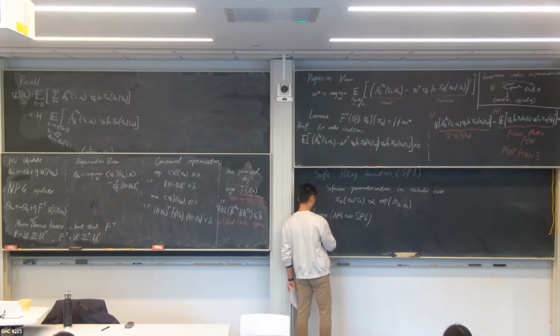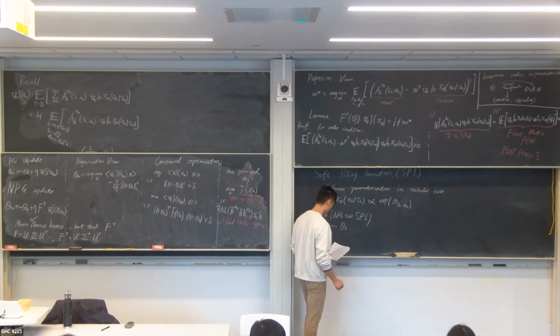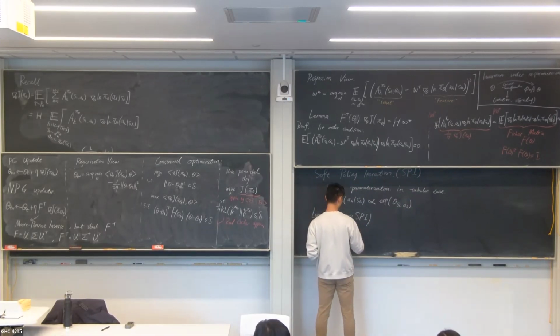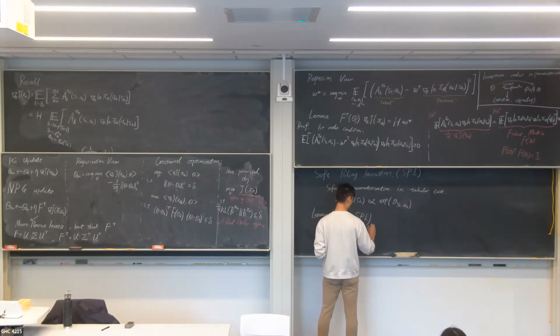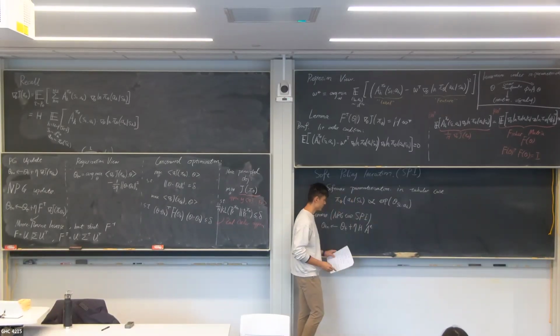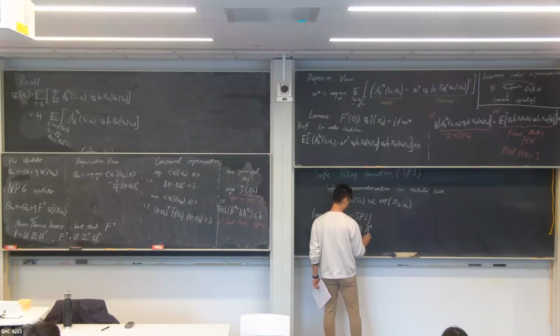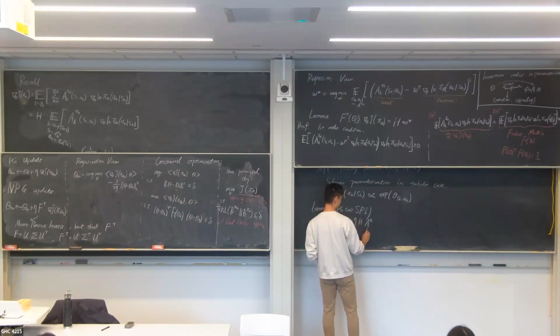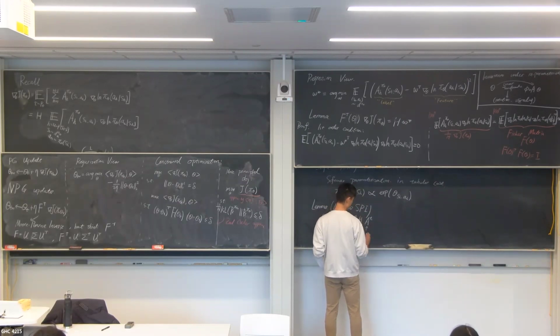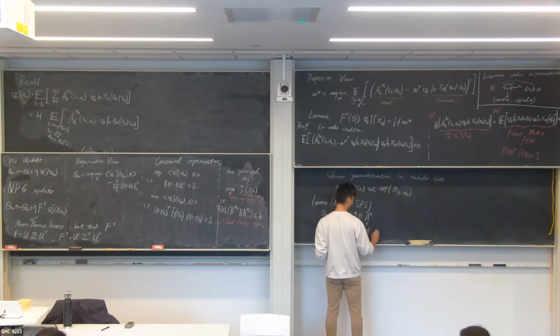Because you can show that the theta t plus 1, when you do the update, it will look like this. So this is the advantage of the current policy.